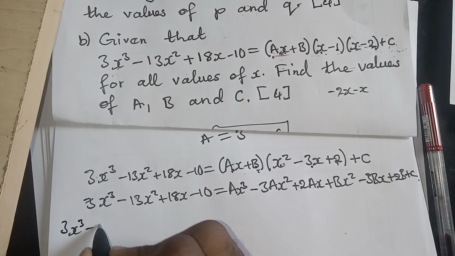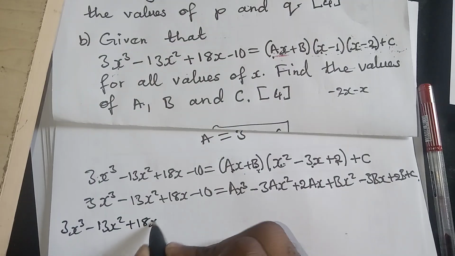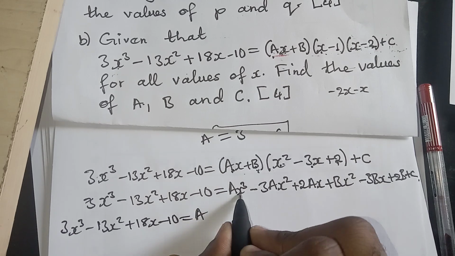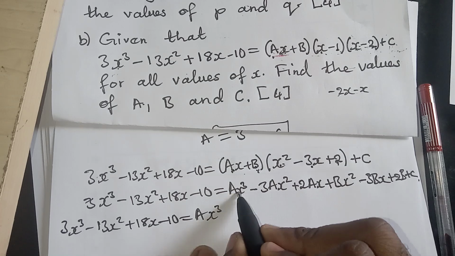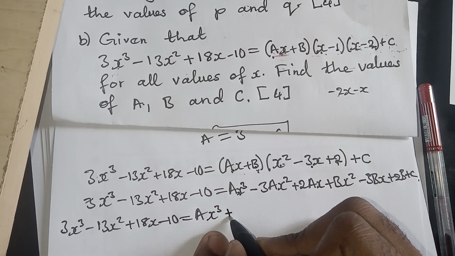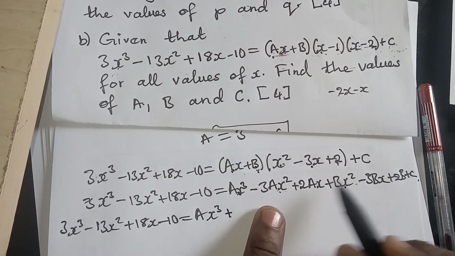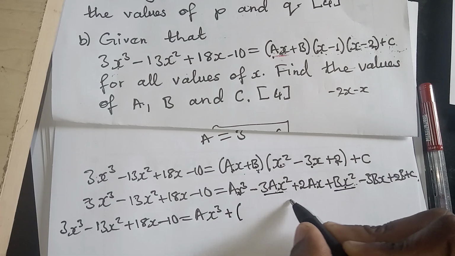So we have this on the right hand side. Since we have nothing with an x cubed other than this, we can just write it like that. And then next you can write a plus, and then you have two of these things here in x squared.